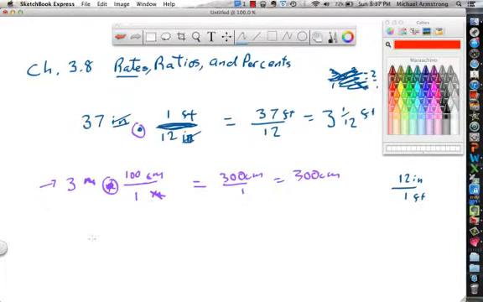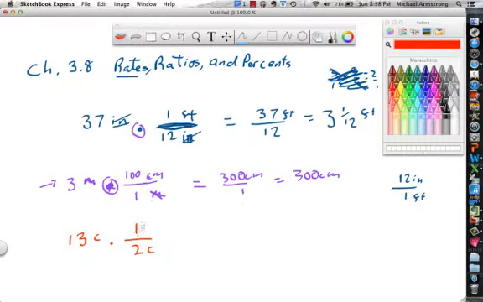You can do it for hard things, like, say I have 13 cups, and I want to know how many pints there are. Well, I might have to look up in the back of the book to figure out that there are 2 cups in 1 pint. And oh, look at that, I did it wrong. I have the cups on the top, and I need to make sure that I have them on the bottom, or it doesn't cross out.